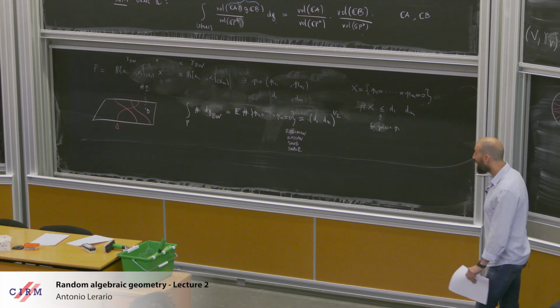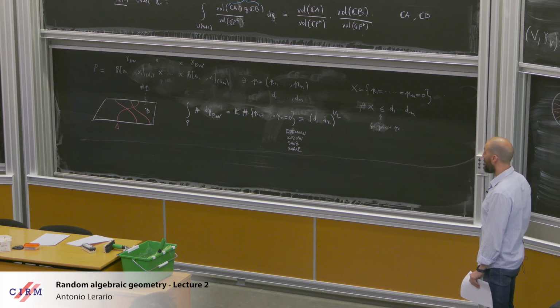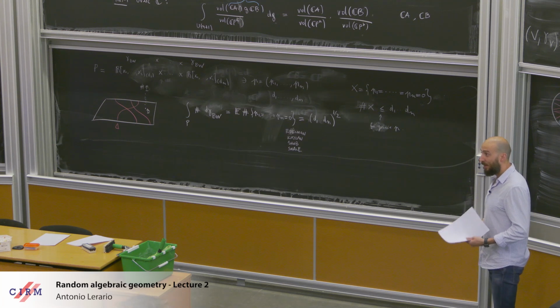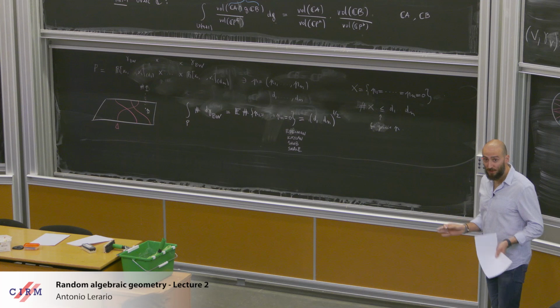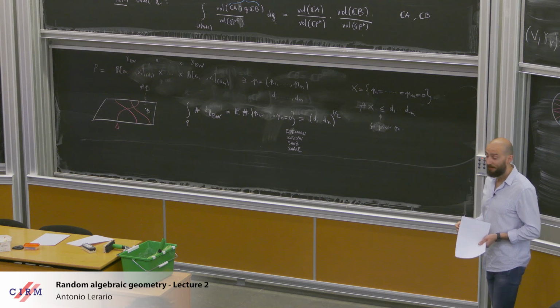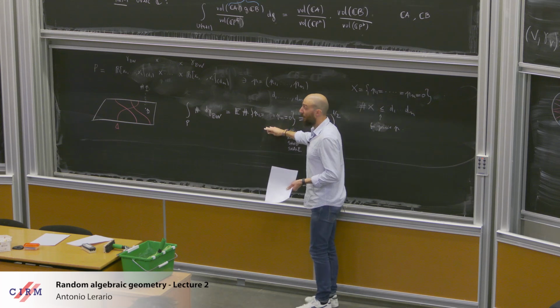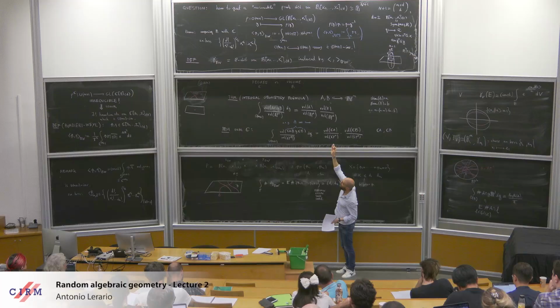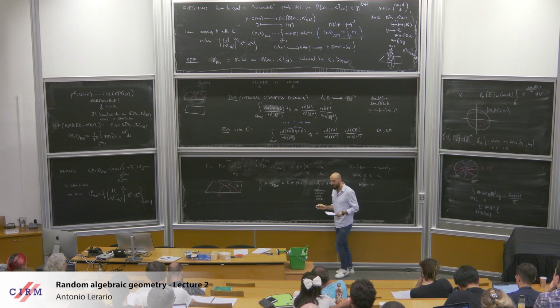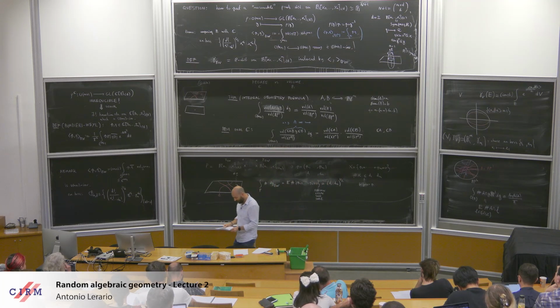So a random Bombieri-Weyl polynomial in one variable of degree d, on average, has square root of d real roots. And I want to show you the proof of this, which uses integral geometry. It's very beautiful, very nice, very geometric.